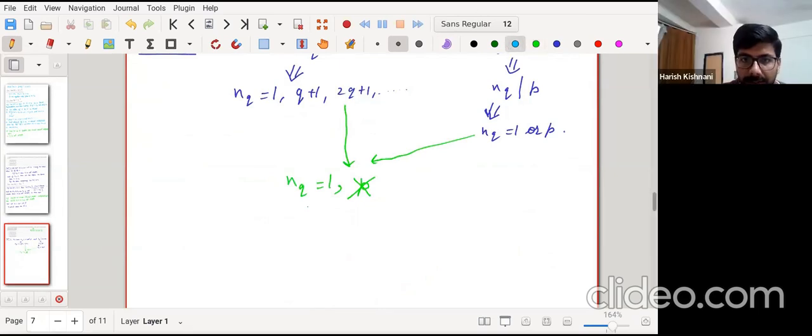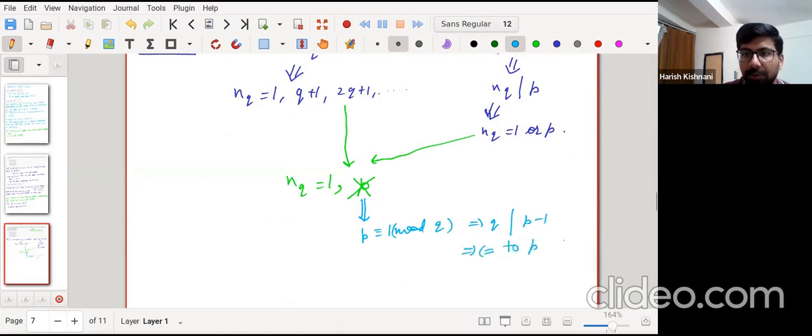So if you are choosing NQ to be 1, P congruent to 1 mod Q implies Q divides P minus 1, which is a contradiction to P being less than Q, because P minus 1 would be less than Q, so Q cannot divide P minus 1.